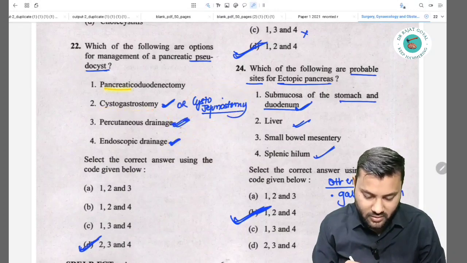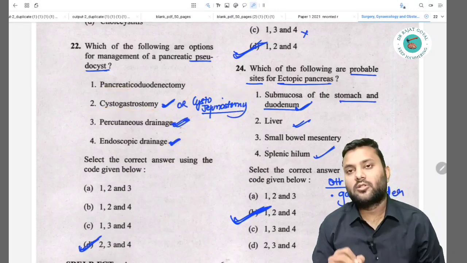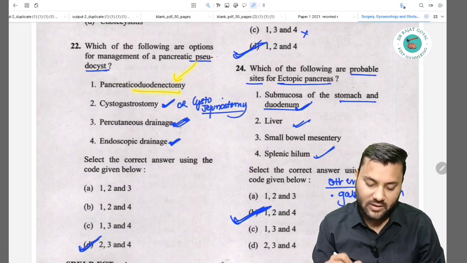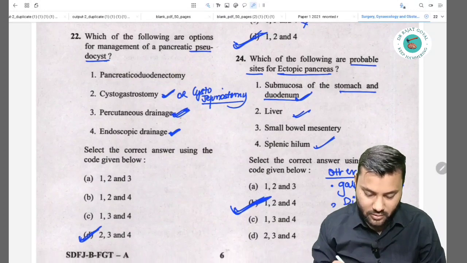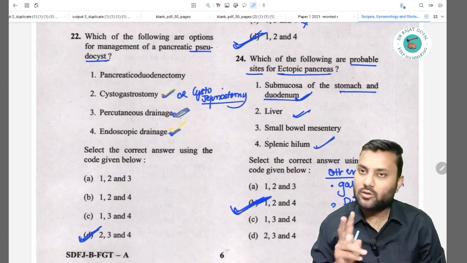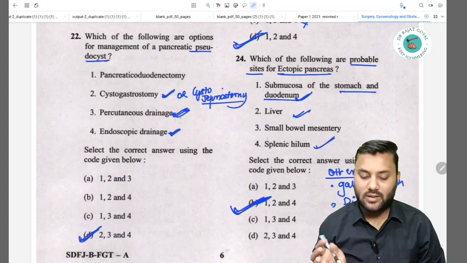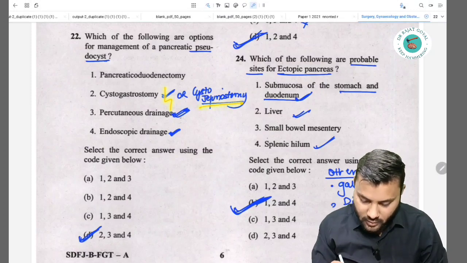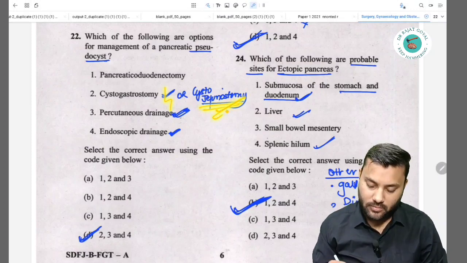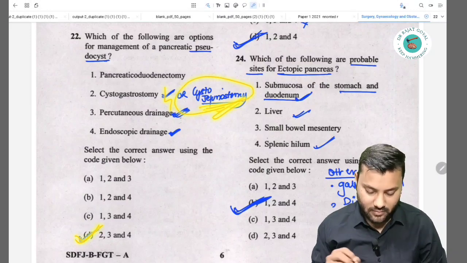But there is no operation like pancreaticoduodenectomy related to the pancreatic pseudocyst. So the answer here will be 2, 3 and 4. Only two options are there: we can either do the drainage or connect it with the stomach, or we can also connect it with the jejunum. So cystojejunostomy can also be done. So the answer here will be option D.